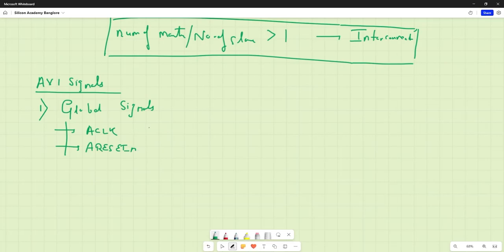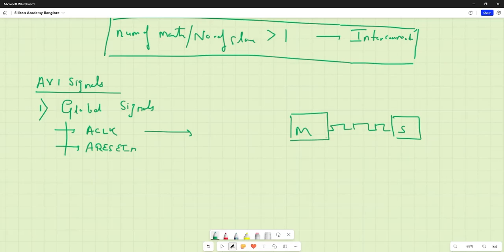ACLK is basically the clock used for synchronization between the master and the slave. How the synchronization is achieved: there is a master and there is a slave, and the clock can come from either the master or the slave, or a common clock.